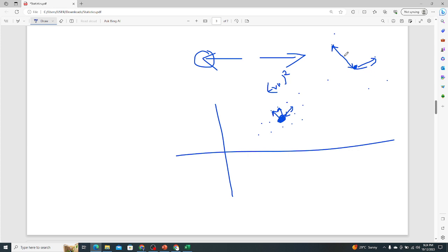So we might have a high variance and a low variance. All right, so one thing, variance is always a positive value.